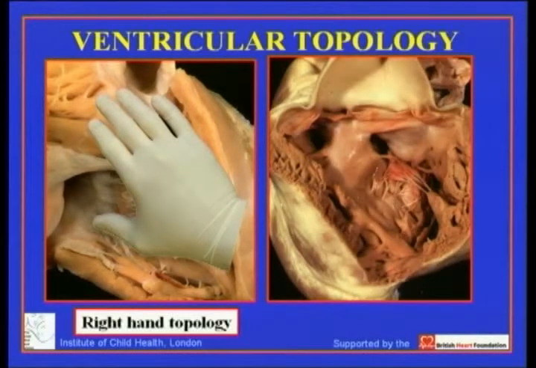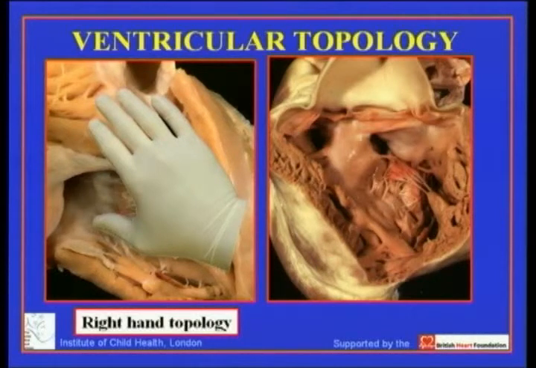Now this is the ventricular mass from a patient who has congenitally corrected transposition. And later in our course we're going to show you congenitally corrected transposition. So here is the tricuspid valve. This happens to be the aorta, but it doesn't matter, it's the ventricular outlet.